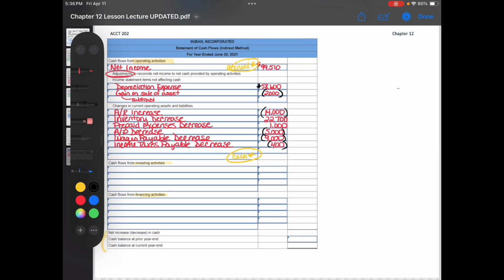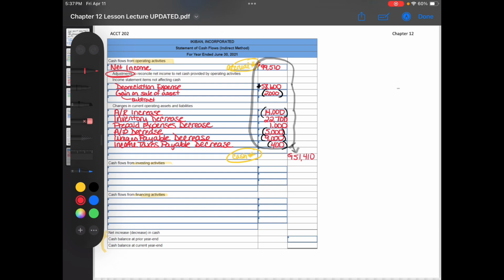Okay, so now all we have to do is total out all of those adjustments, including the ones we just entered, the current liabilities, the changes to the current assets, and then these two that we had for depreciation and the gain. We've got to take all of those, add and subtract them from net income, and we'll get a total amount. And that total amount, just mathematically, is $151,410.